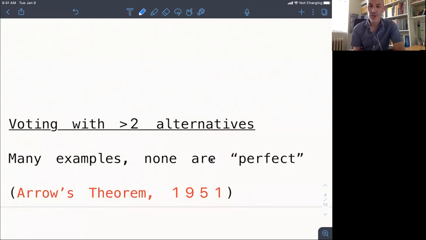And actually there is one perfect way, and this is what Arrow's theorem says: this is the dictatorship theorem, which says that what you do is you choose a ballot at random, choose a top person on that ballot, declare that to be the winner. And that satisfies all mathematical fairness axioms, but is not something that we would ever use. Okay? So that's Arrow's theorem.